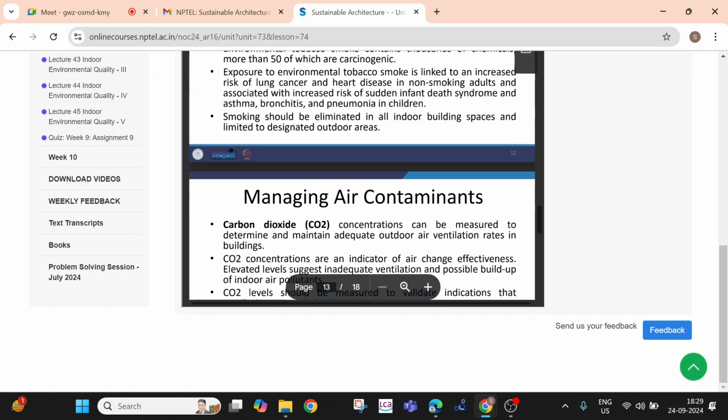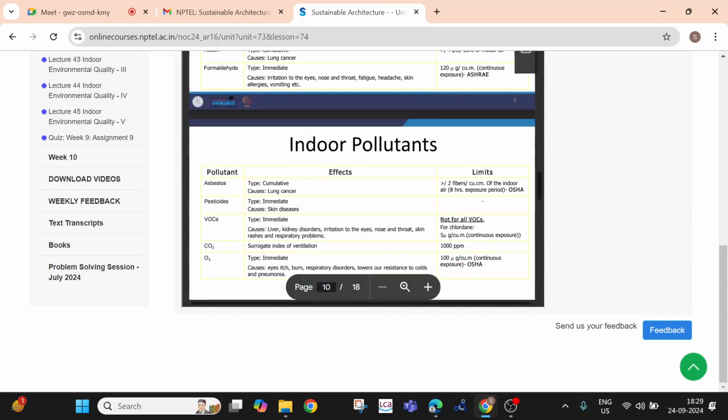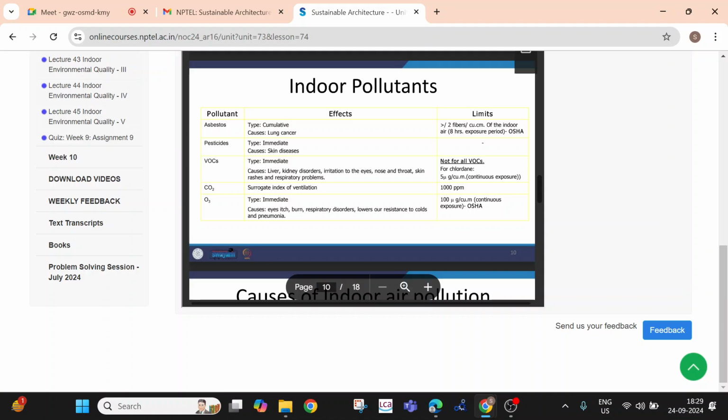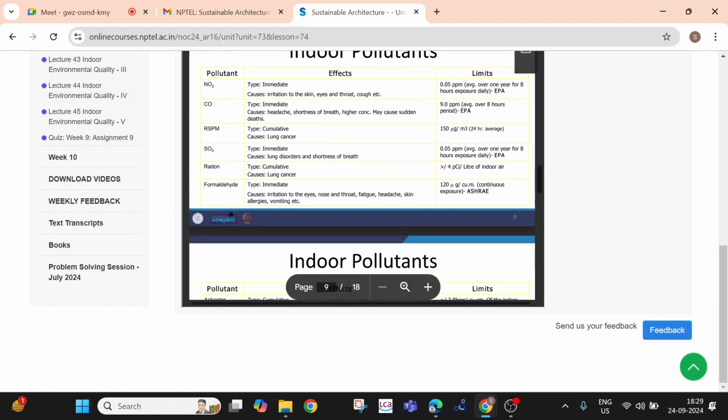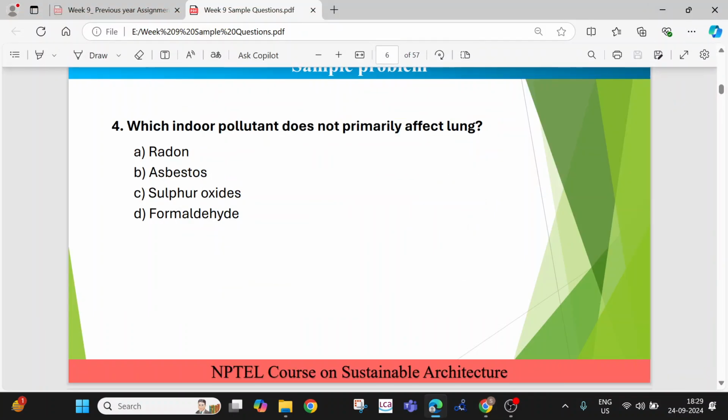In these slides, different pollutants were mentioned. You can see asbestos is causing lung cancer, isn't it? Radon is also causing lung cancer. What were the four options given to you?